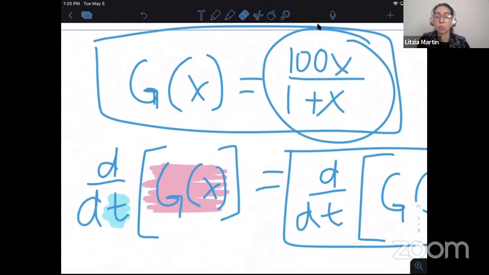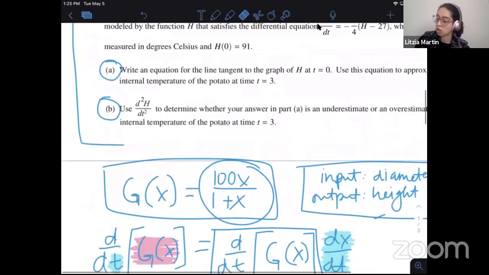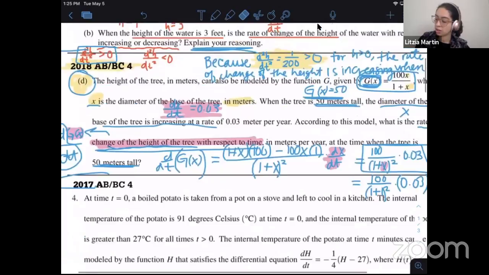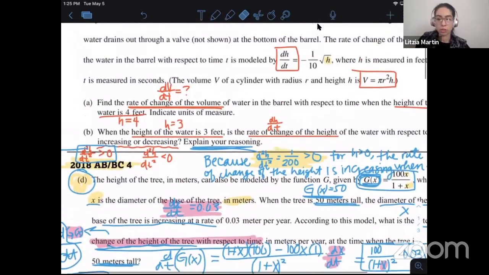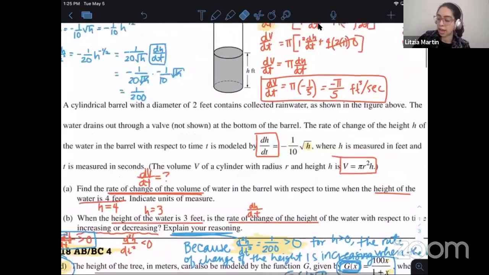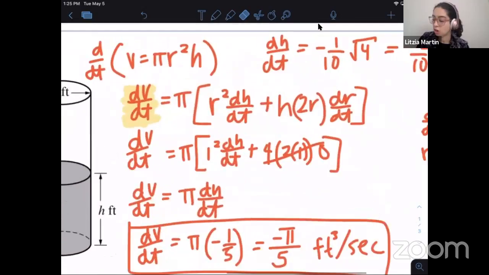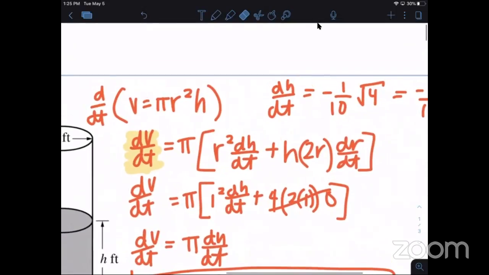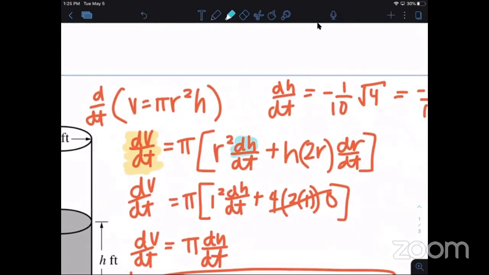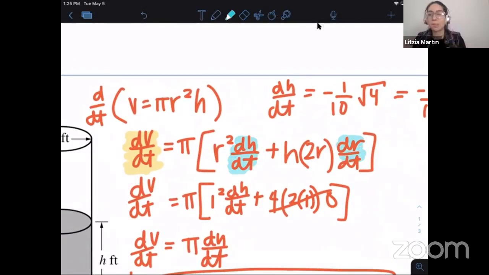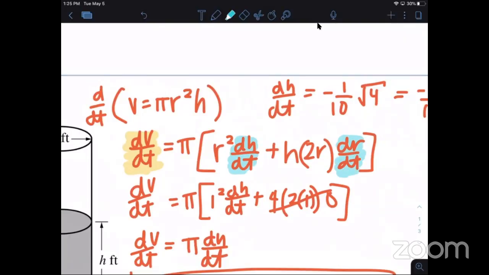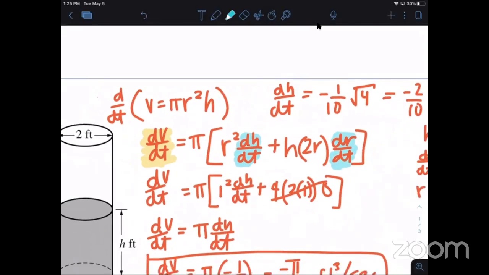You always remember when we did all the related rates problems, even the one that we did right at the top here, it might look more familiar in this form. We had to multiply by dh over dt and dr over dt because we were taking the derivative with respect to time of those different variables. So it's the same exact thing. Okay.